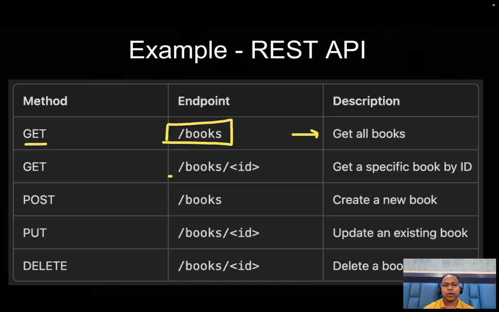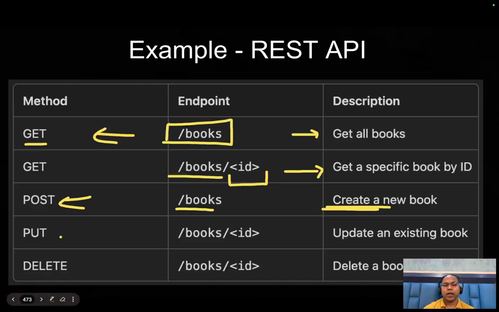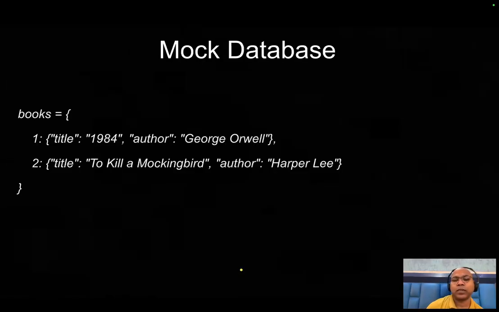Similarly, for the specific one, you say book ID. You can get the specific book ID. Similarly, the post API, just change to post. The URL, post and get are the same, but here you can create the new record. And for update, you specify the specific ID which you want to update, and for delete a specific ID which you want to delete. So this way you can develop any REST endpoint.